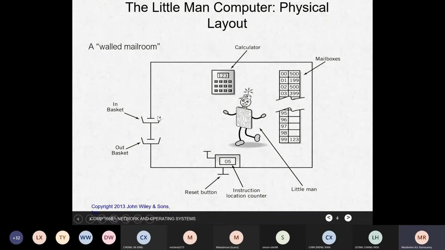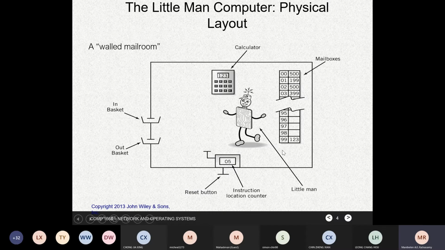You have an input basket, you have an output basket, you have a calculator, like the processor, to do some simple calculation. You have a storage, or a mailbox, to keep track of which mailbox holds what contents.